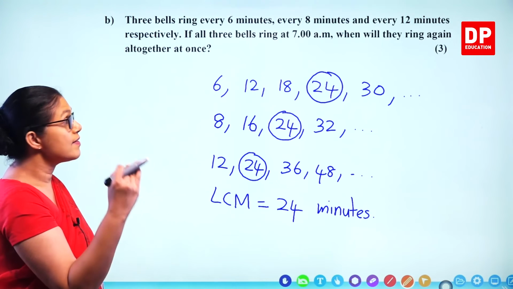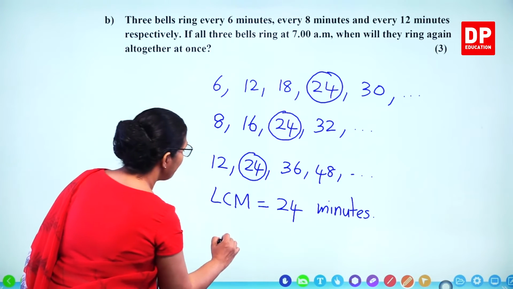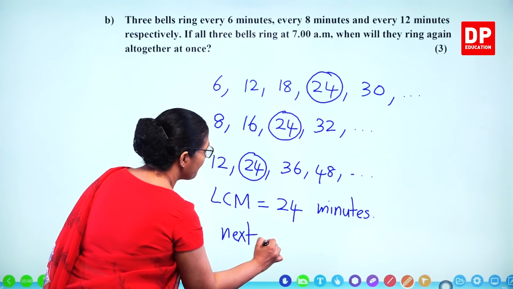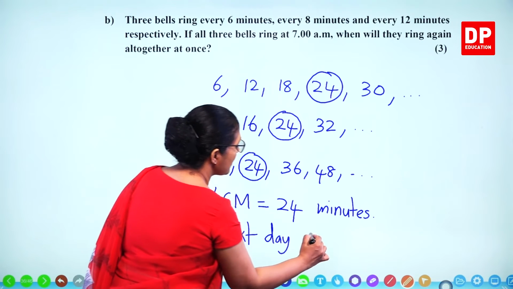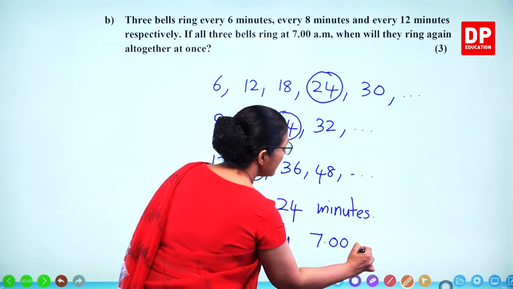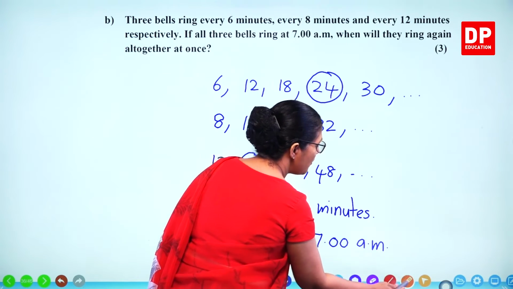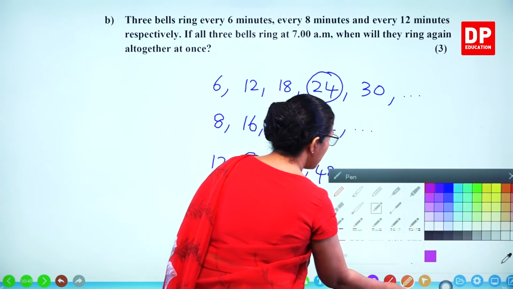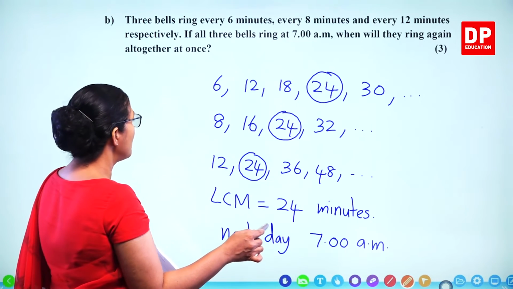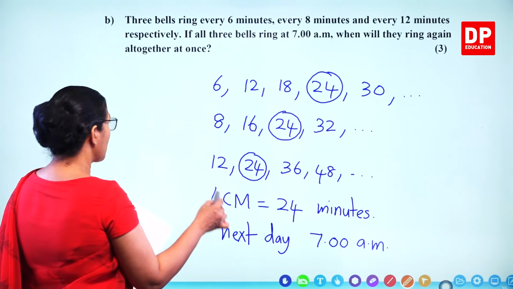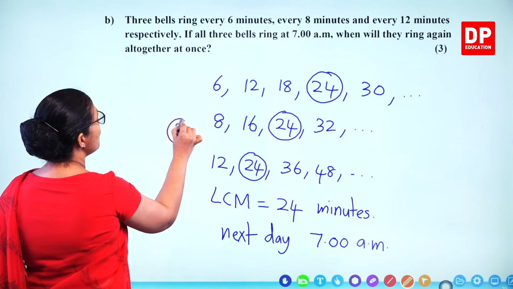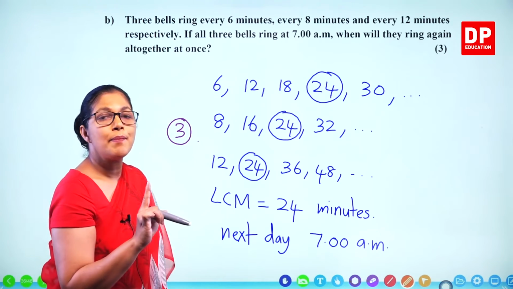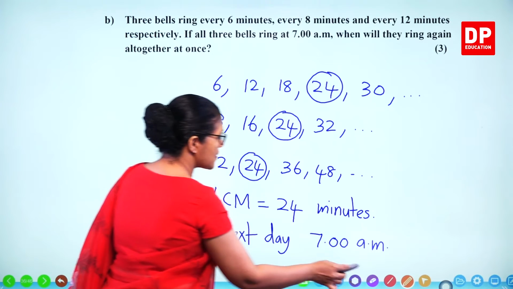So that means next day, 7 a.m. again, the bells will ring. Next day, 7 a.m. So you are getting 3 marks for that. So we gave 8 before, 8 plus 3, 11 marks.